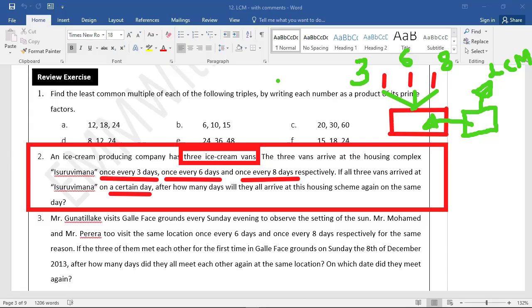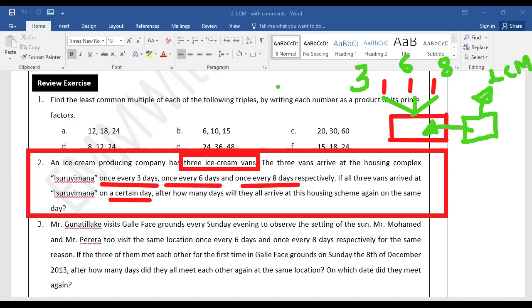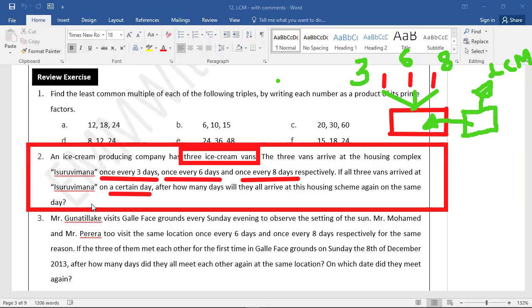Okay, I think time is enough. I have another. Okay, I will discuss this one.